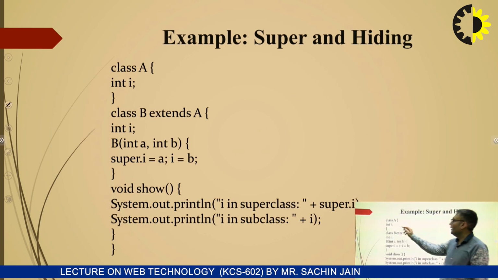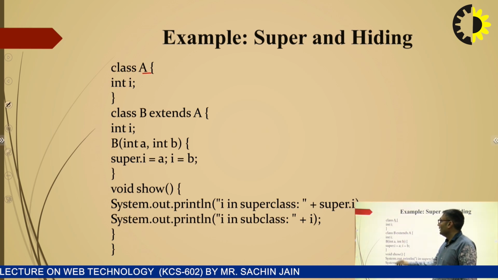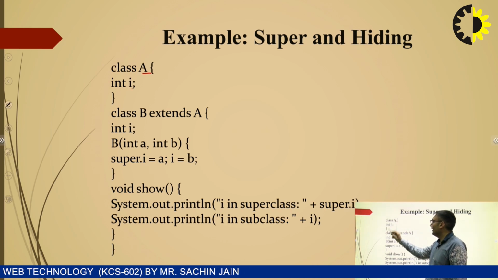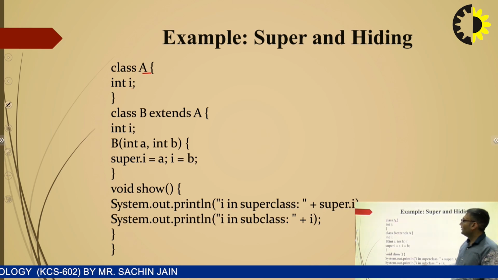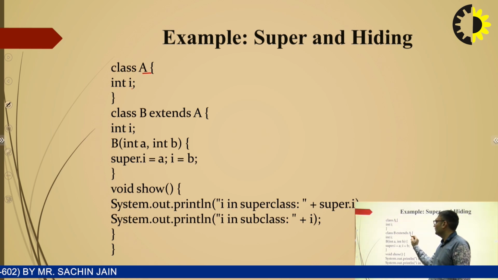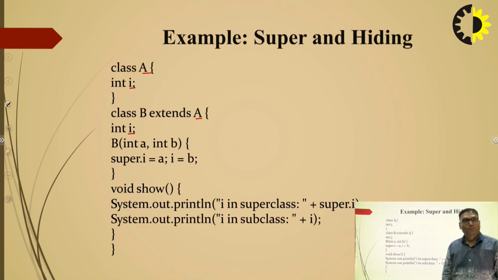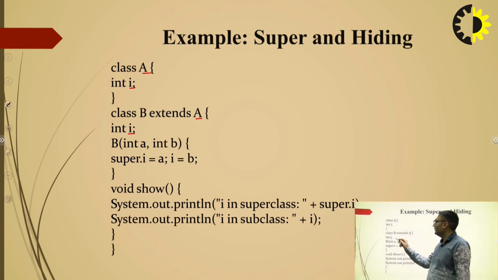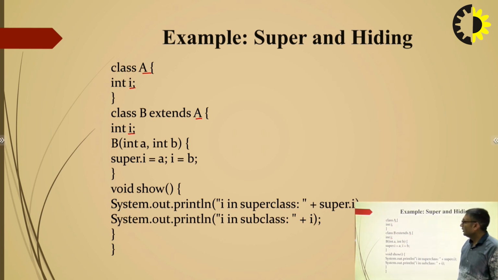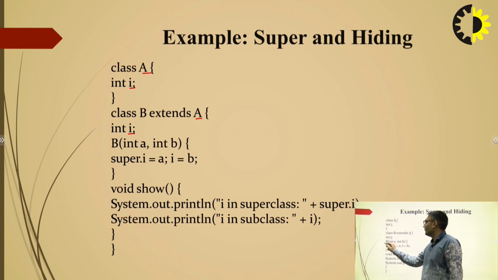Here is a class A, and here is a variable i. There is another class B that extends A, and there is also a variable with the same name as its superclass variable, i. I want to assign this i value inside the child class constructor.